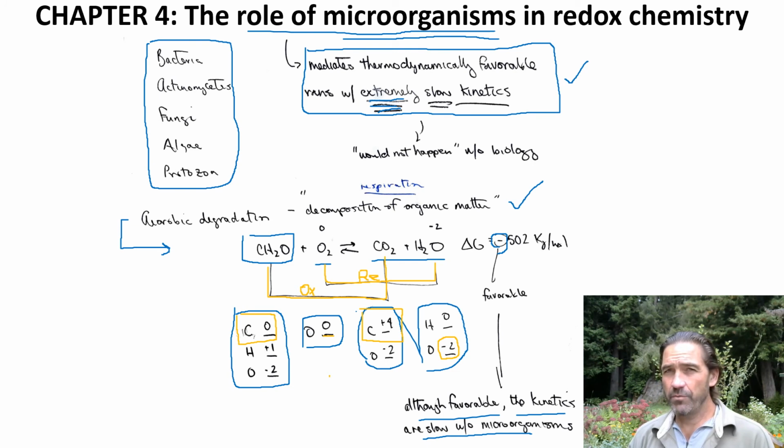So let's start with the reducing agent. The reducing agent is something that becomes oxidized itself, but reduces something else. So that means that the reducing agent is the organic matter. This is the reducing agent.